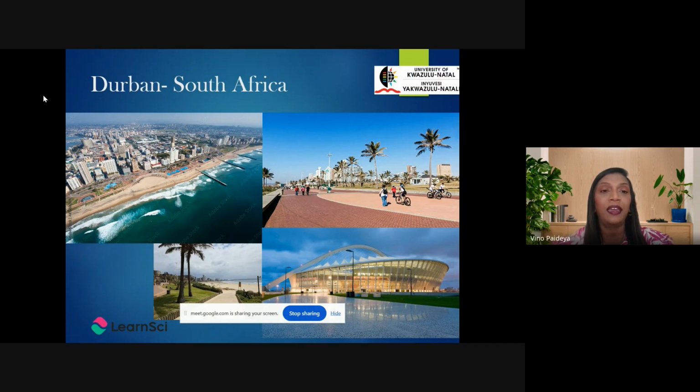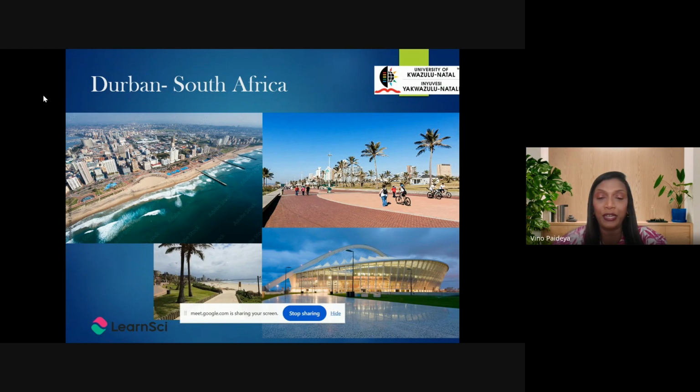Durban is one of the places in South Africa that very few people speak about, but it's a very, very beautiful city. Just to show you our shoreline, it is a coastal city, and that's the promenade where, no matter the season, you will find people from Durban walking the promenade and using that walkway every weekend to exercise.